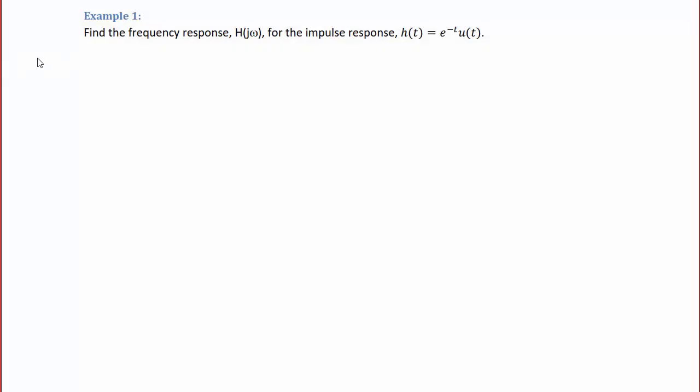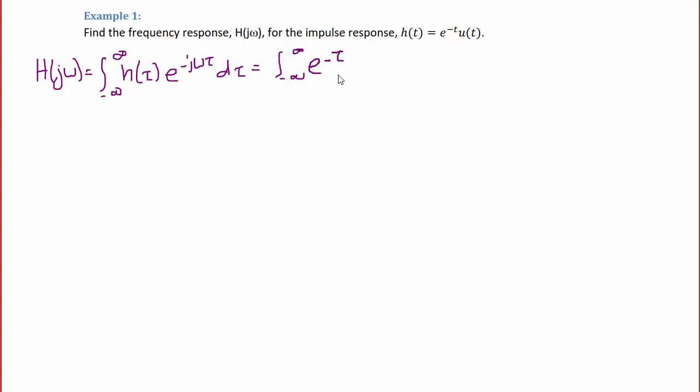So H of j omega is equal to the integral from minus infinity to infinity of h of tau e to the negative j omega tau d tau, which equals the integral from minus infinity to infinity of e to the negative tau e to the negative j omega tau u of tau d tau.